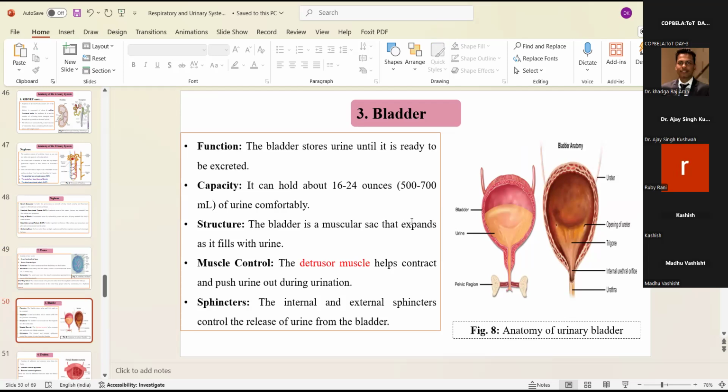It can go up to 900 ml or 1 liter also, because it is a muscular sac that can expand and fill with urine. The bladder also consists of detrusor muscles that help to contract and push urine out during the urination process. So this is the basic structure of the bladder.